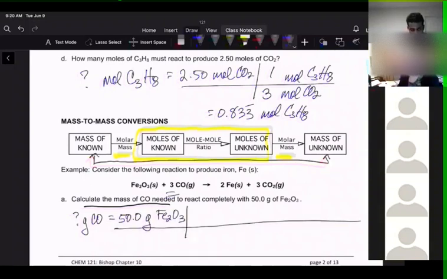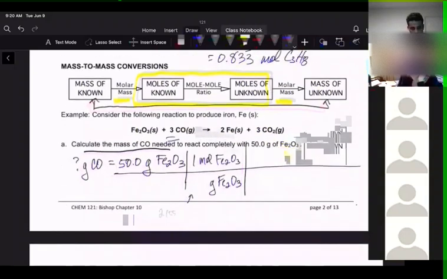And we're going to step through it using dimensional analysis. I know that I need to cancel out grams of iron(III) oxide. And the thing that I know that is true for iron(III) oxide is how much the molar mass is. So 1 mole of Fe2O3, and then we have to do that side calculation, right? We have to figure out that mass.